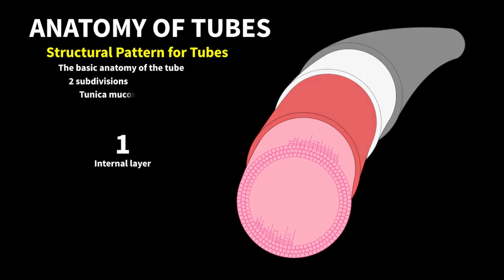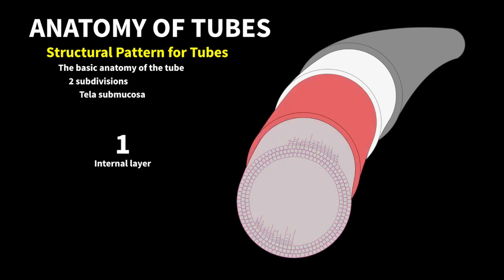The tunica mucosa or tunica intima lines the tube and is always some kind of an epithelial tissue. These 2 names arise from the fact that they are either mucus-producing tissues or they are the most intimate layer with the contents of the tube.